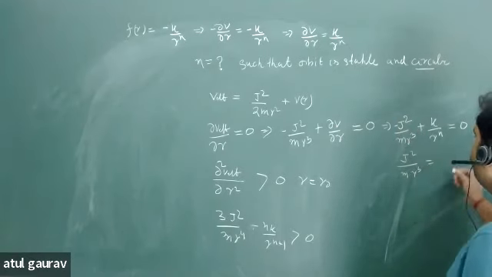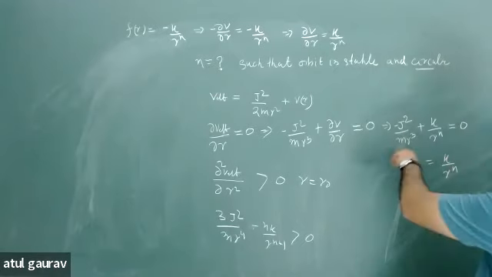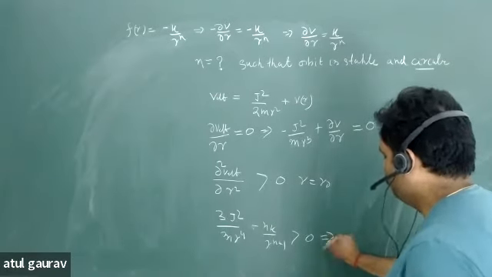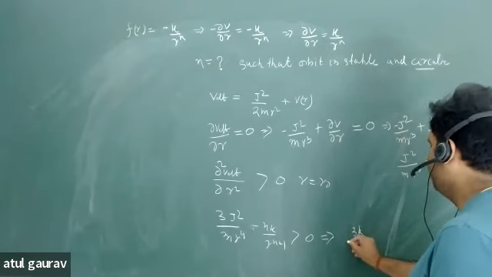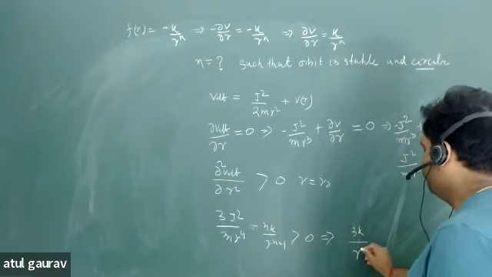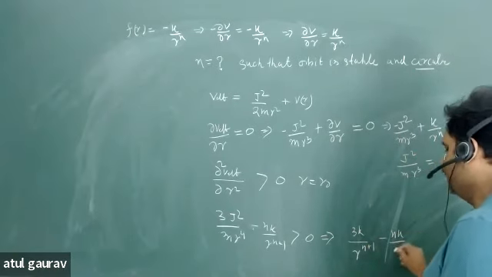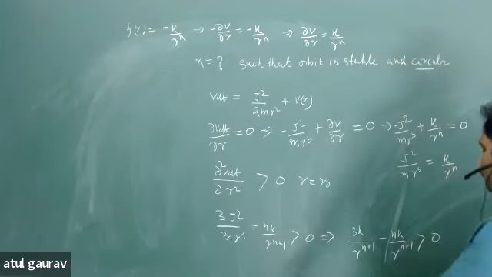What will it be? It is k upon r to the power n. So the whole thing can be replaced here, then you will get 3k upon r to the power n plus 1 minus nk by r to the power n plus 1 must be greater than 0.